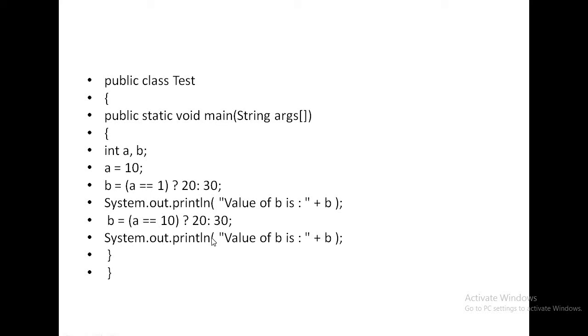Then I print the value of b, and the value of b is 20. So here the value of b is 30 and here the value of b is 20. This is all about the conditional operator, or ternary operator. The symbol of the ternary operator is question mark and colon.